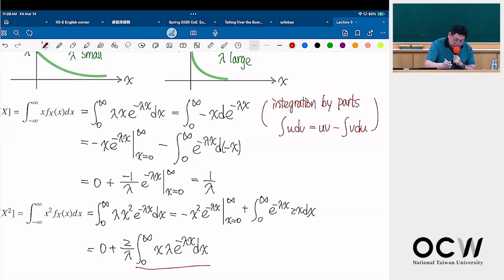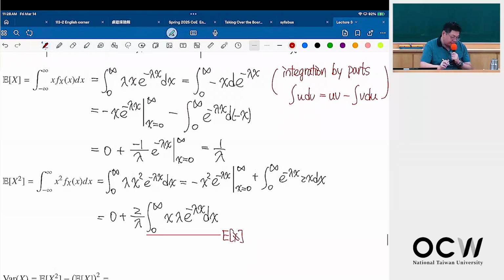So in this case, you don't need to do the integration by parts because we know this is the expectation of X, and we found that this is 1 over lambda. So this is 2 over lambda times 1 over lambda. That is 2 over lambda squared.